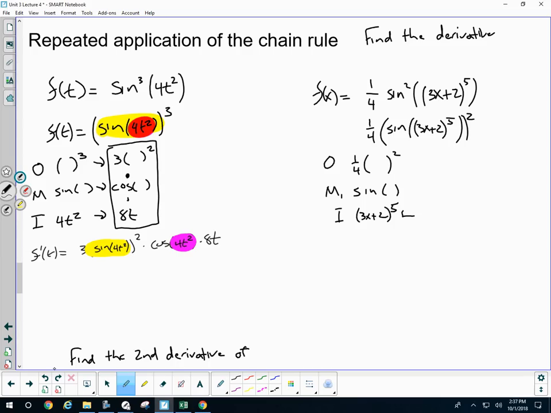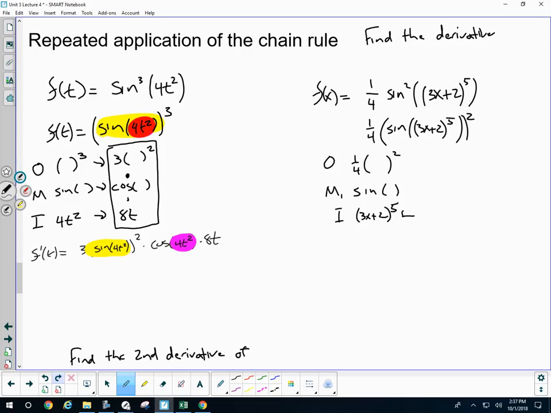Yes. Do you not take the 1/4 out and use it on the derivative? The 1/4 can just stay out to the side, and you can worry about it at the end. My outside was like sine stuff squared. I took the 1/4 out, like the constant, and then used it later.